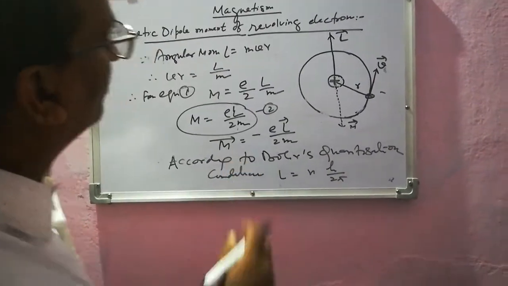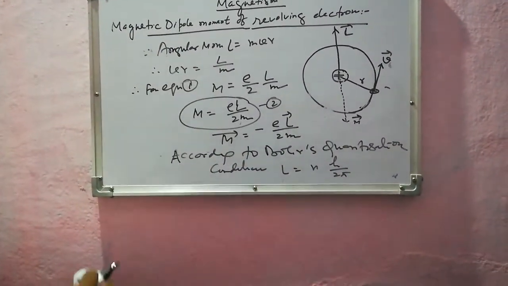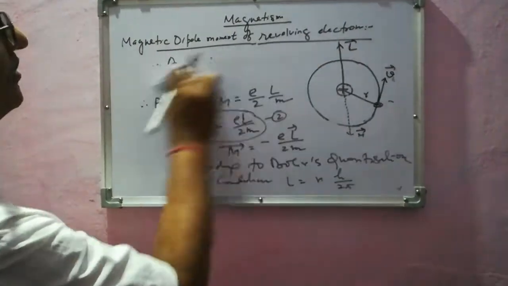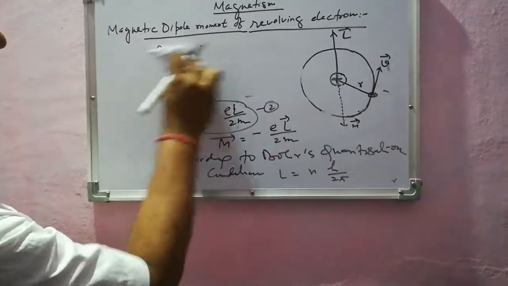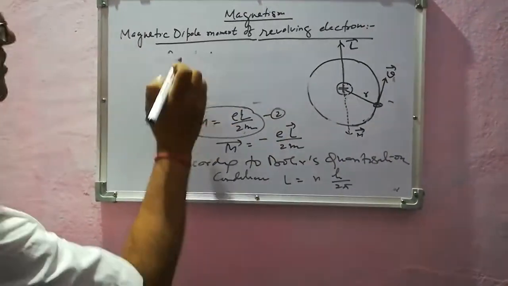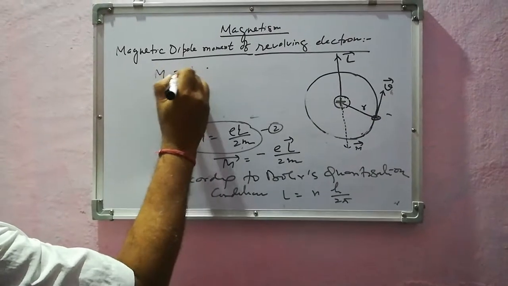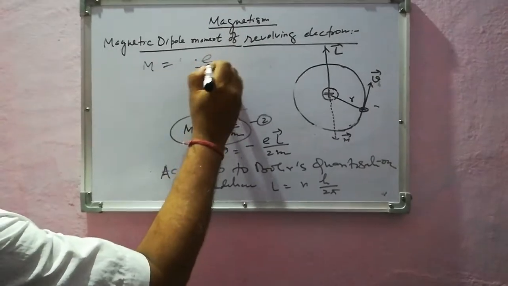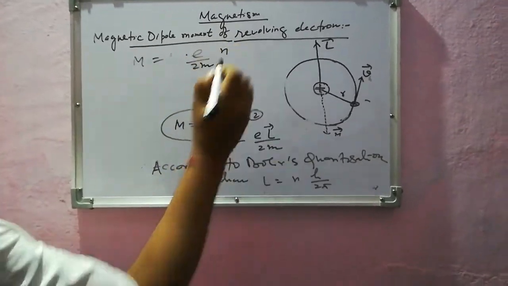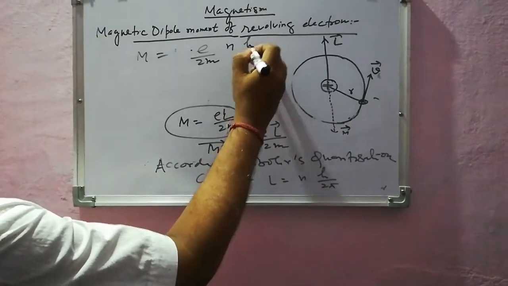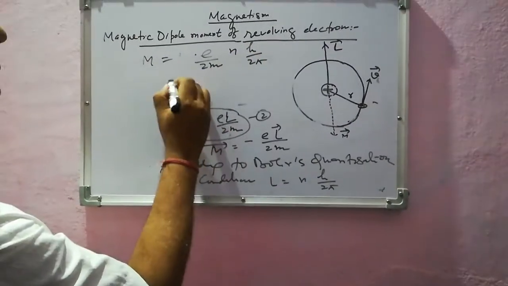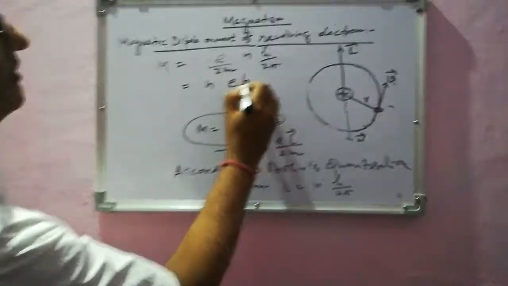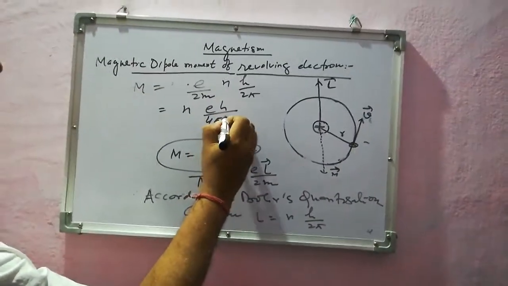So substitute this value in this expression. On substituting these values in the above expression, M becomes equal to e by 2m, and in place of L substitute n h by 2 pi. Now this is equal to n e h by 4 pi m.